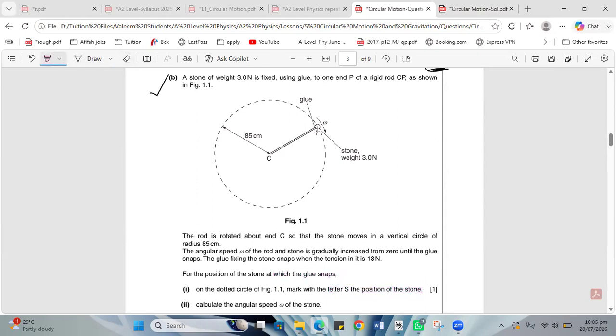This is a stone, it is glued to a rod, basically. At some point, the glue snaps and the stone just gets off the rod. So where do you think it will happen? Mark a position on the diagram.